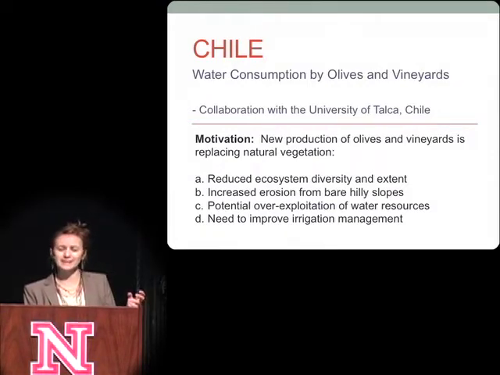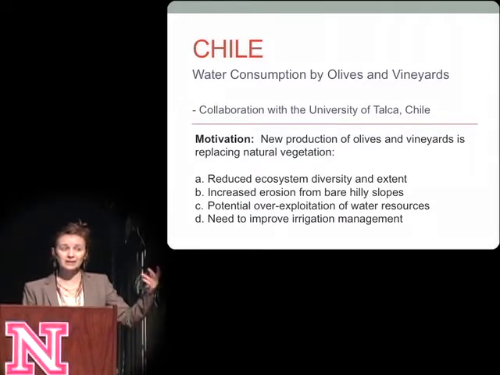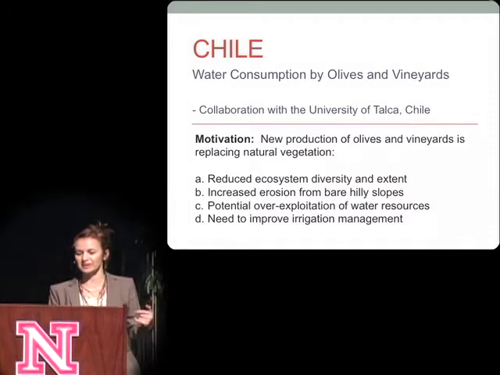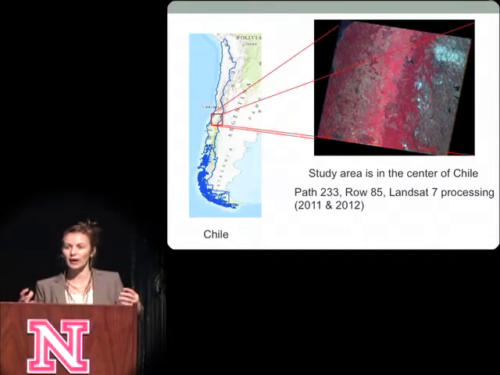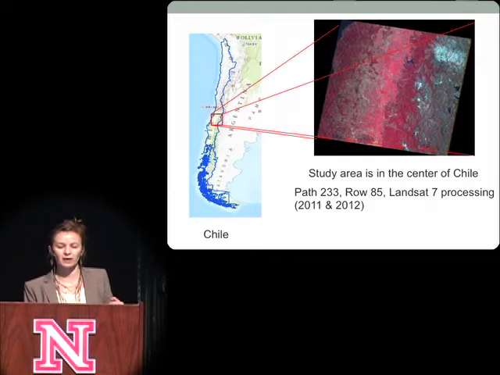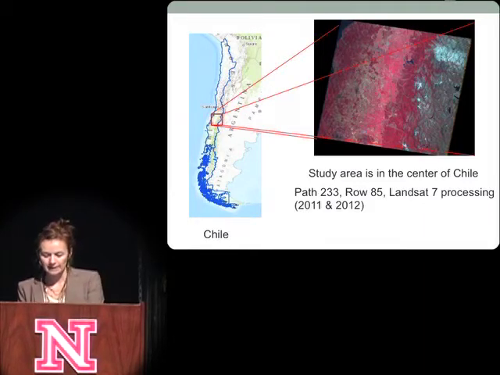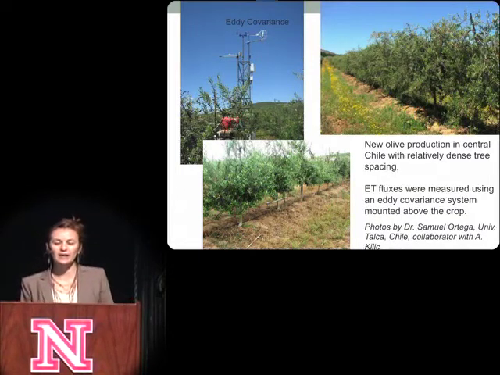Now you have this olive system or vineyards that you have to irrigate. So you have to manage this irrigation, and they would like to use the satellite data to help them manage the irrigation. We did a study here in the center of Chile, and these are those olive trees.